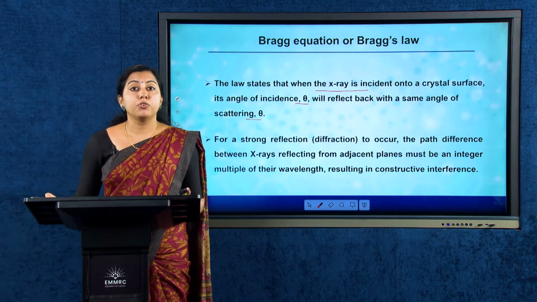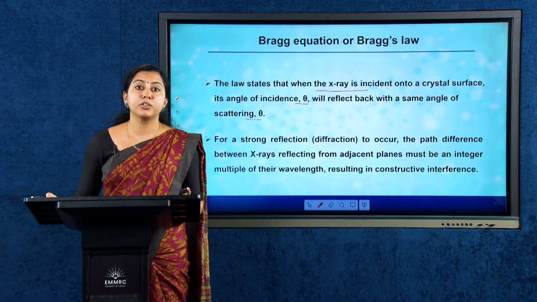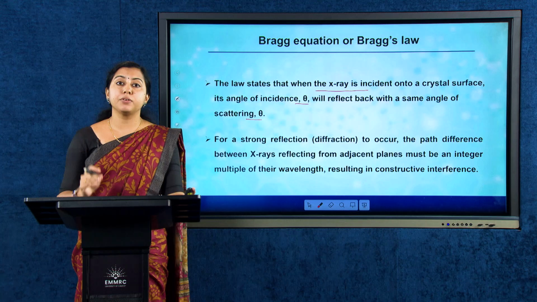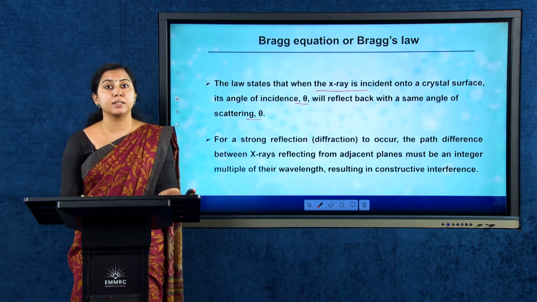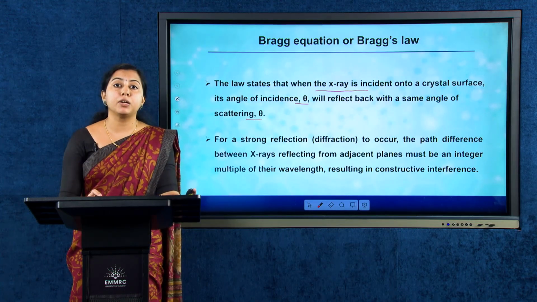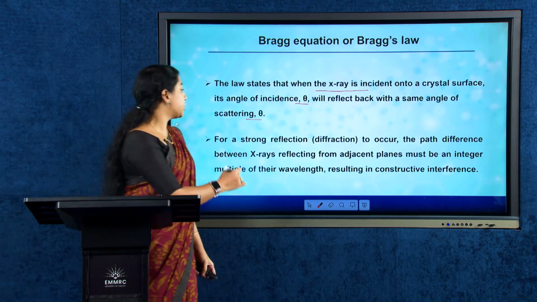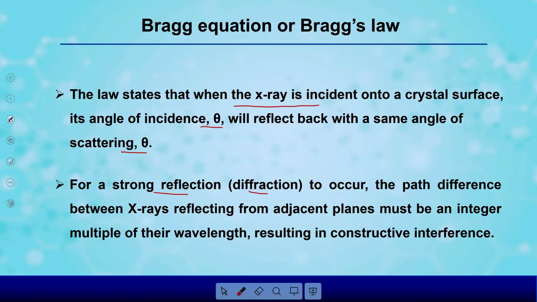For a strong reflection or diffraction to occur, the path difference between the X-rays reflecting from adjacent planes in a crystal must be an integer multiple of the wavelength, and that results in constructive interference.